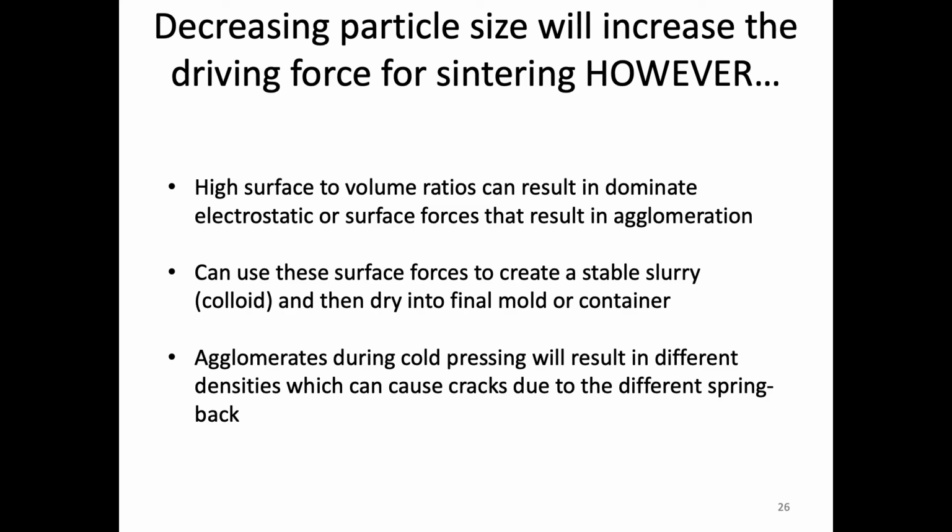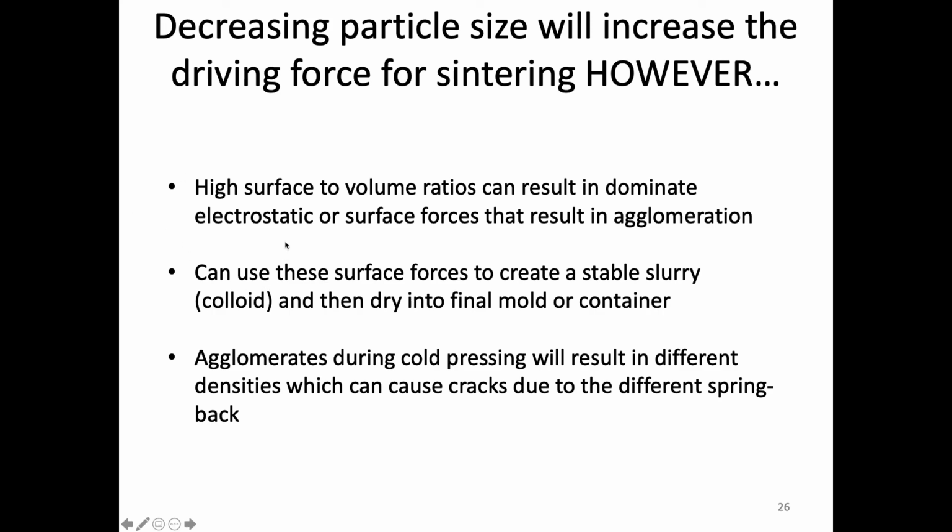And most of these kind of come from a processing point of view. So the more high surface to volume ratios that we have, the more dominant that we have electrostatic or surface forces that result.